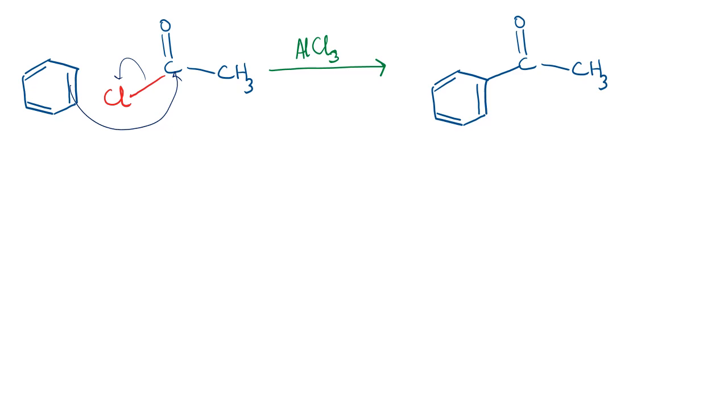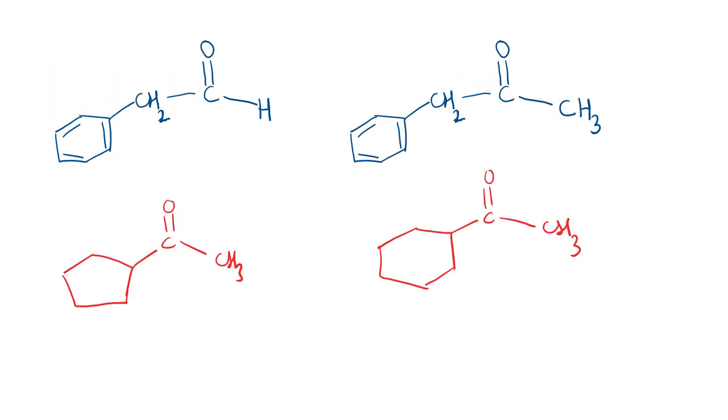So this is how we are getting our target molecule. Now, for the sake of practice, you can use these examples and try to apply strategies to make corresponding aldehydes or ketones.